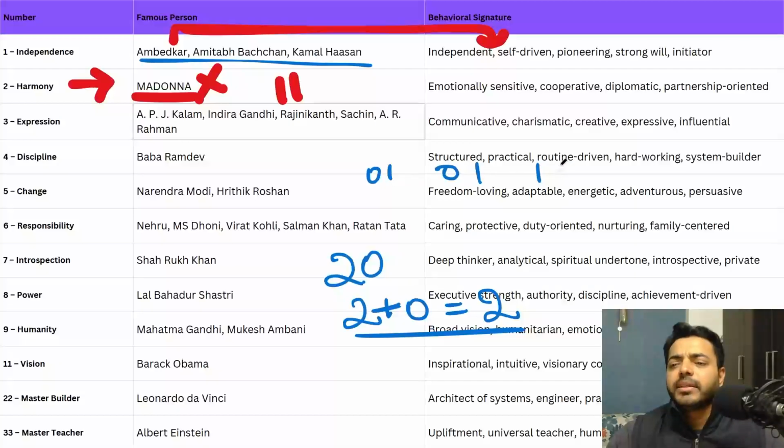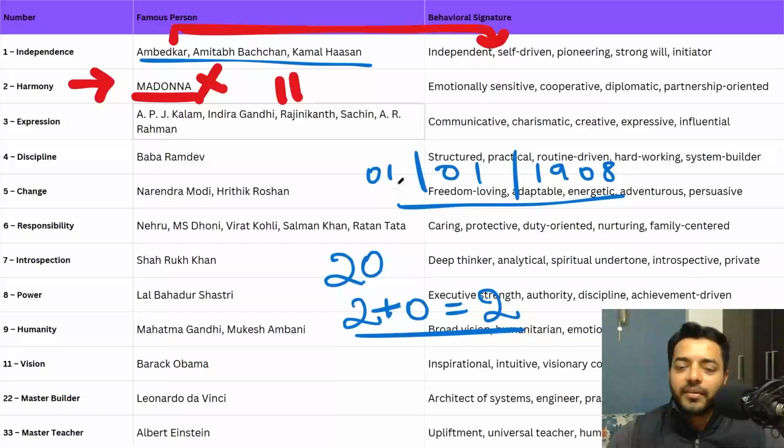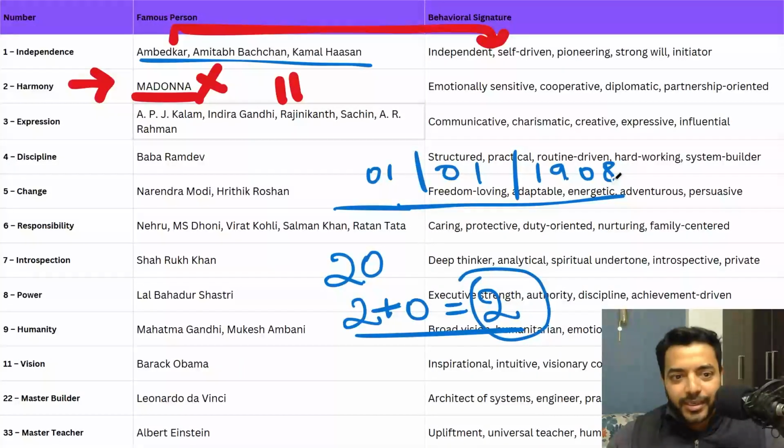So let's say 1908, this is 9 plus 1 is 10, plus 8. So somebody born on the 1st of January 1908 will have a life path number of 2.